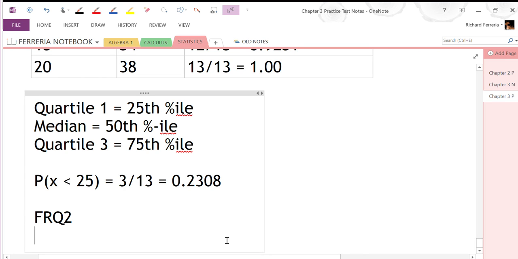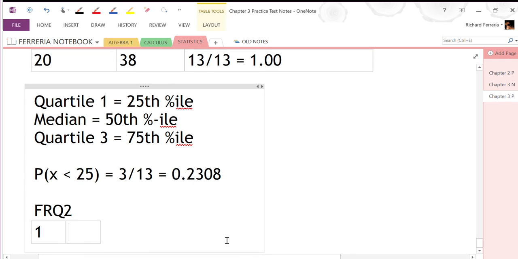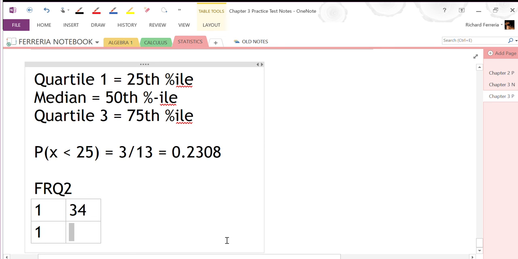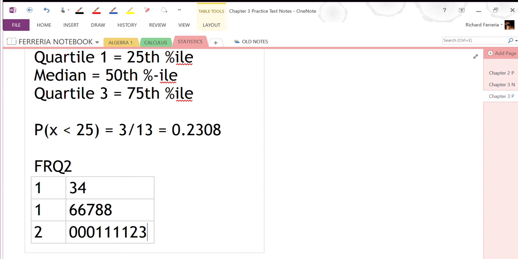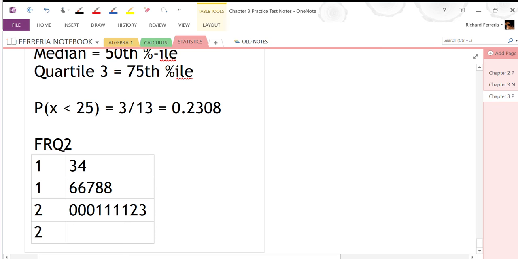We have split stems. 6, 7, 8, 8. 2, 0, 0, 0, 1, 1, 1, 1, 2, 3. Do you want us to label the place of the stem? Absolutely. I'll get to that in 1 second. Second 2, we got 5, 5, 5, 5, 6, 6, 6, 6, 8, 8, 8.